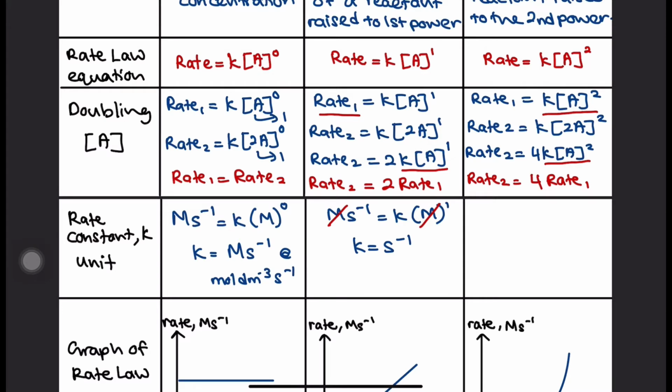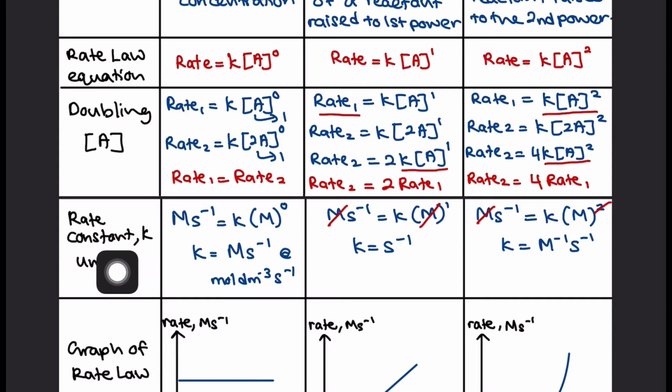Next, for second order reaction, it would be molar per second again for rate equals k multiplied by concentration squared. Cancelling the common molarity unit would give us the unit for rate constant to be per molar per second.